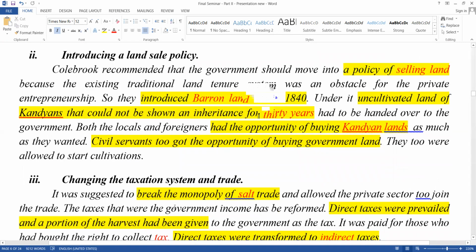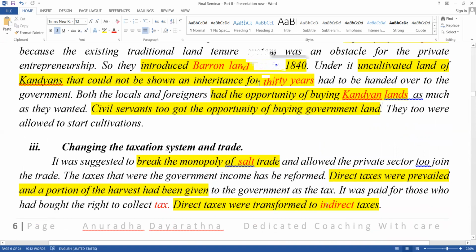Okay, direct taxes prevailed, and a portion of the harvest had to be given. Direct taxes were transformed into indirect taxes. We can give some examples. A common permit was given to fishing boats annually. They had to get it by paying annually to the government. And even for land, they introduced a common tax, the land tax.